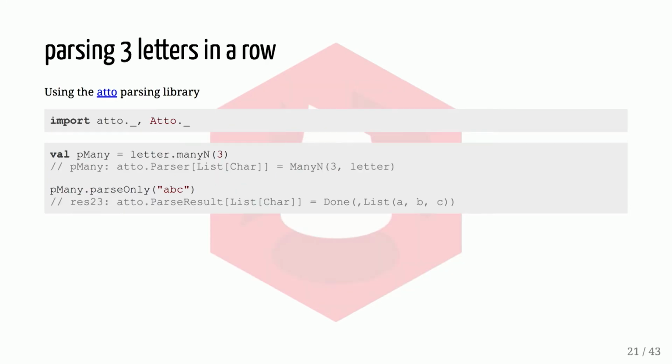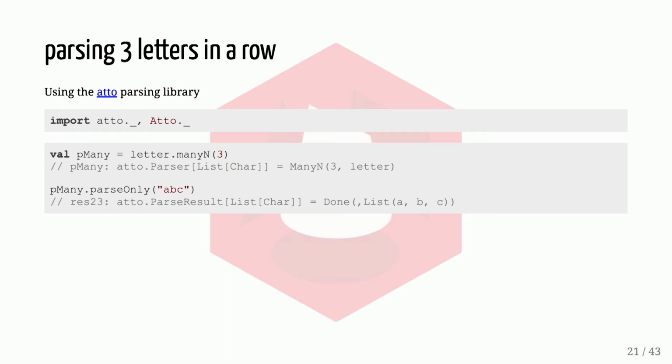Let's just keep throwing some more stuff at it. Rob, sitting over here, has this auto library, a parsing library. It has letter, which is a parser for a single character, and a combinator called many-n, where you can say, I want to repeat this parser 3 times. If you throw ABC at it, you can see it does pull back ABC.